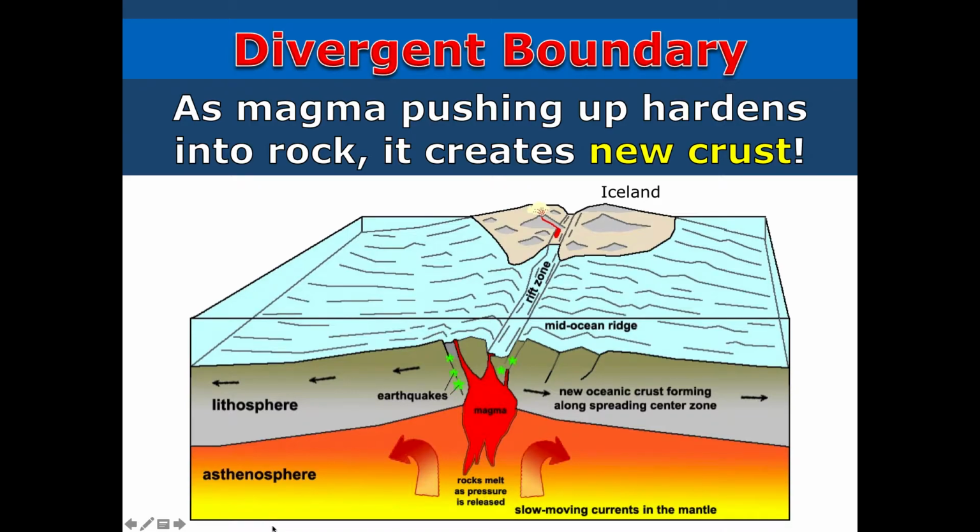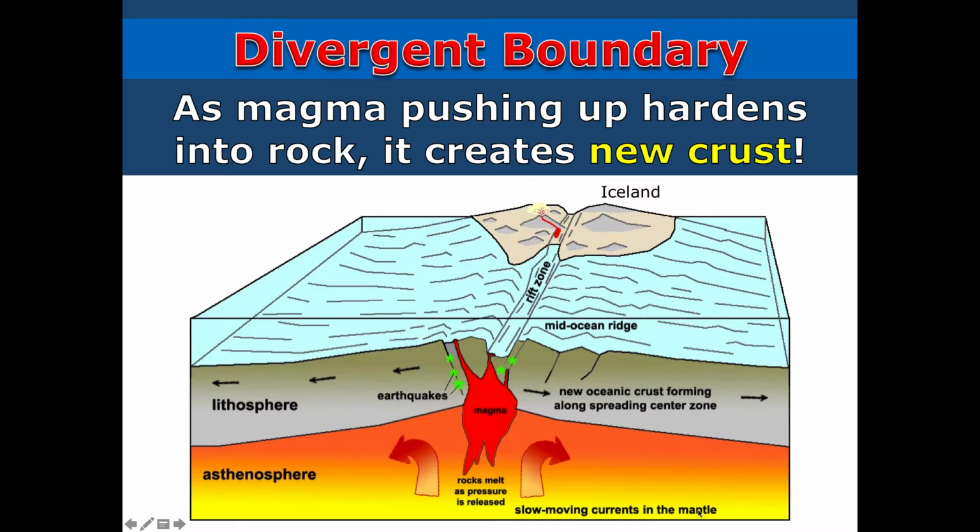The hotter magma on the bottom will rise up and drag across that lithospheric plate and then go back down. And that's what's happening on the left side. On the right, opposite direction, clockwise motion.